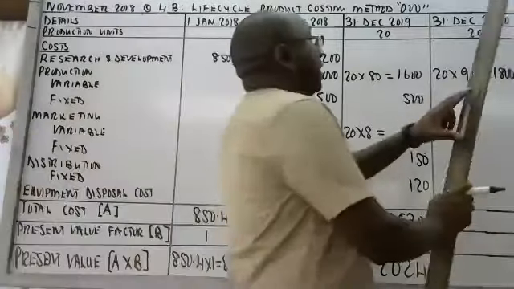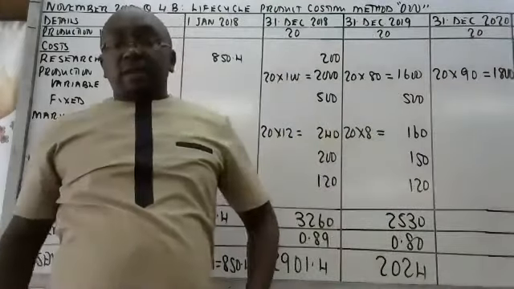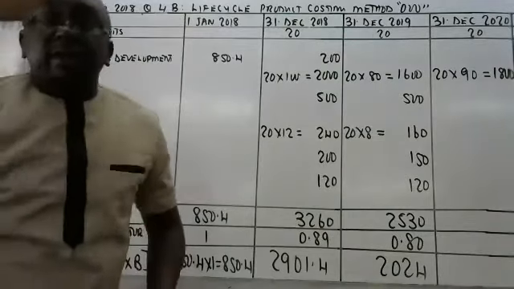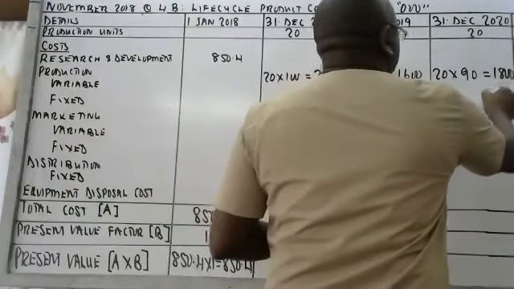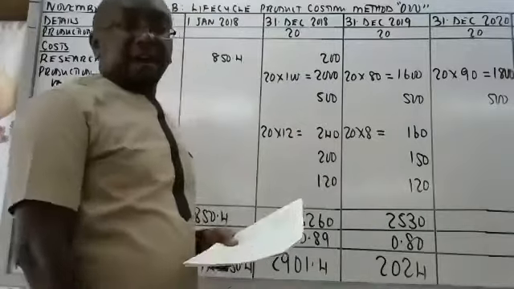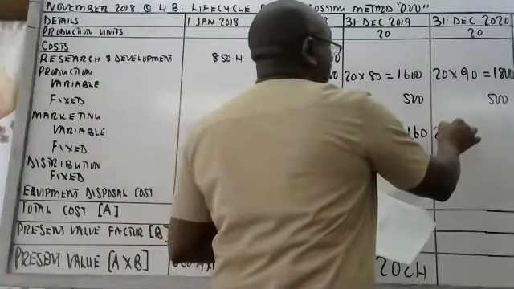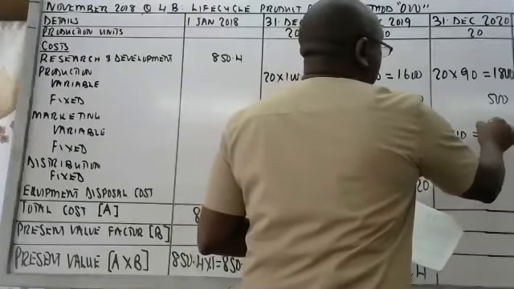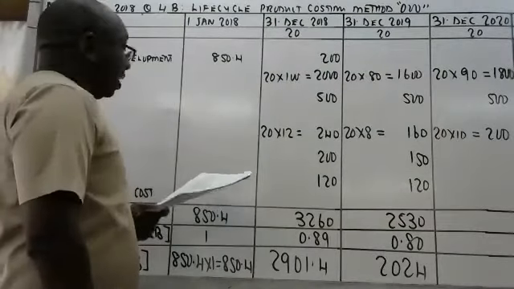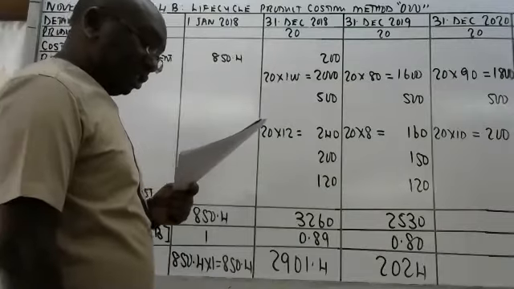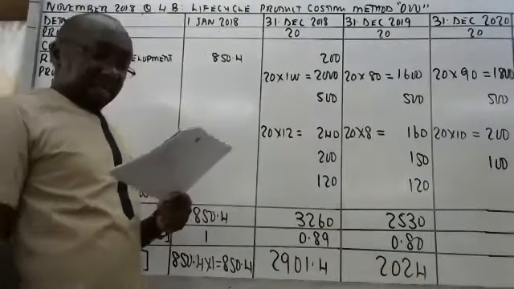For the fixed, it is 500. When I come to marketing, it will be 20 times 10, which should be 200. The fixed marketing is 100.